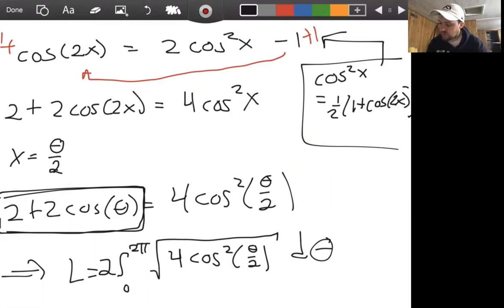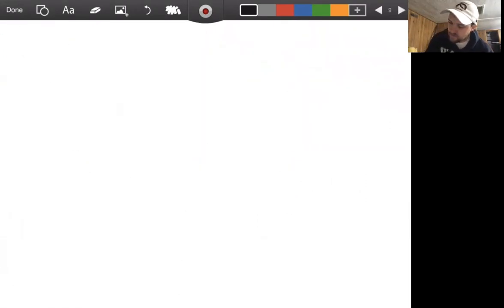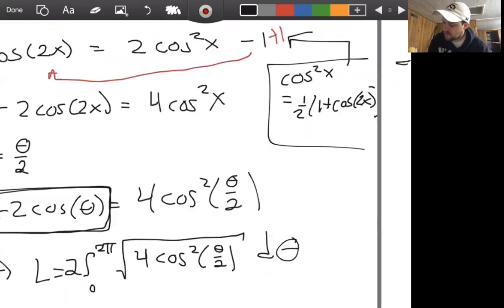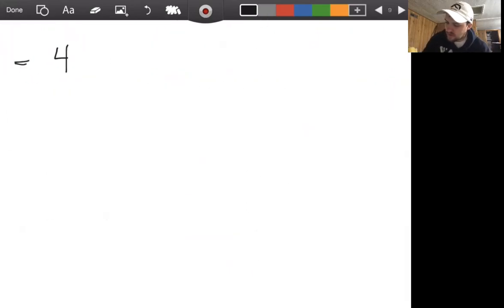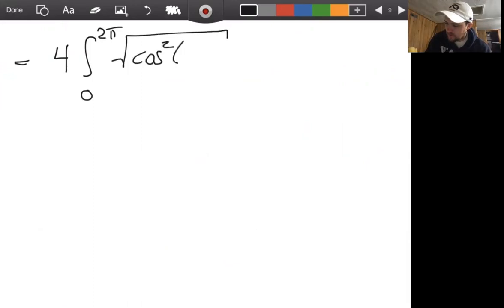So the root 4 will become a 2, right? So let's just do that first. We have 4, because it was 2 times this 2 here, integral 0 to 2 pi, square root of cosine squared of theta over 2 d theta, okay?